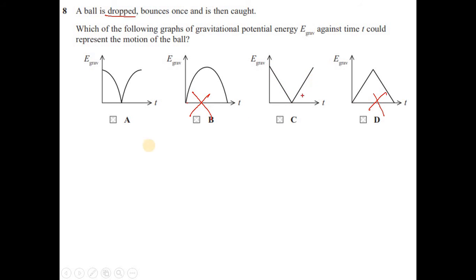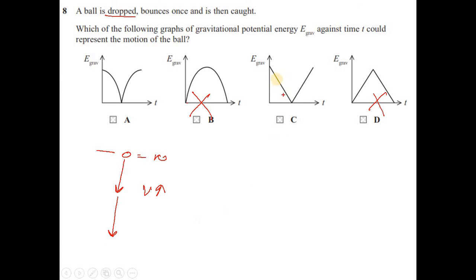But if you see, when the object is dropped, the initial velocity is 0, and when it is falling down, the velocity keeps increasing. That means the rate of change of gravitational potential energy increases as it falls down.